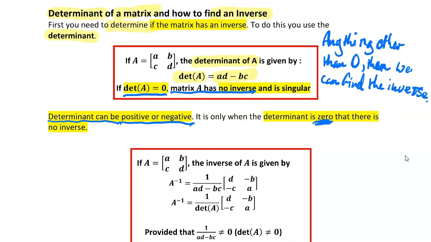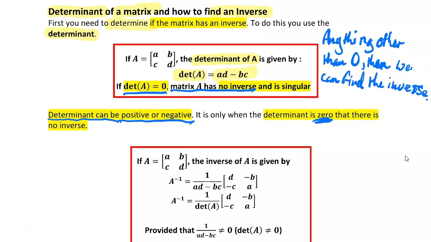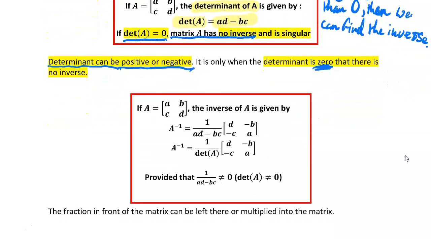Once we've determined whether or not a square matrix has an inverse, then we need to find it. I know this looks complex, but it's fairly straightforward. So this is to find an inverse of a 2 by 2 matrix.